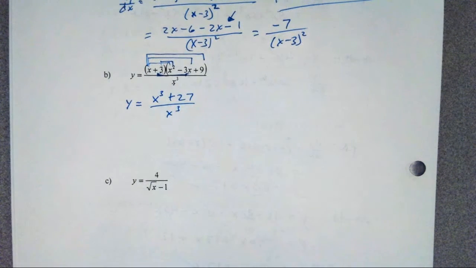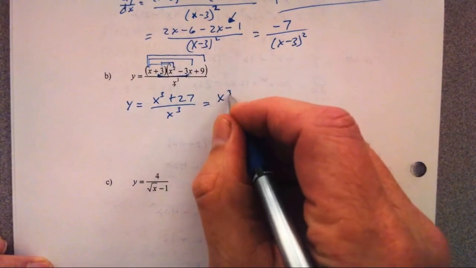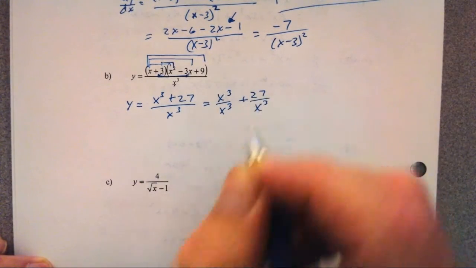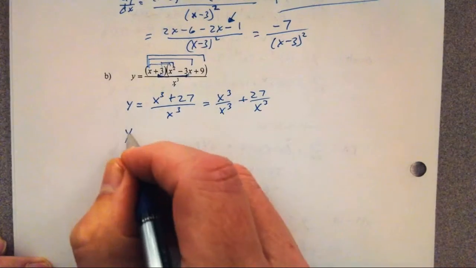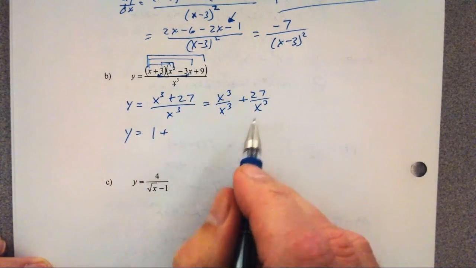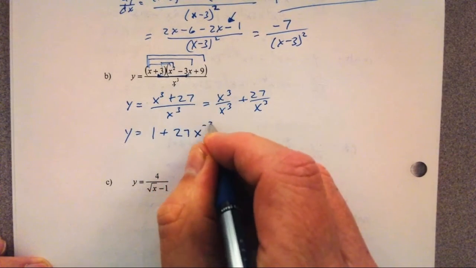And now we could quotient rule. Or we could say, wait a minute, couldn't I write this as x to the third on x to the third plus 27 on x to the third? And end up with y, still just y, equals 1 plus 27 on x to the third, or even 27 x to the negative third.